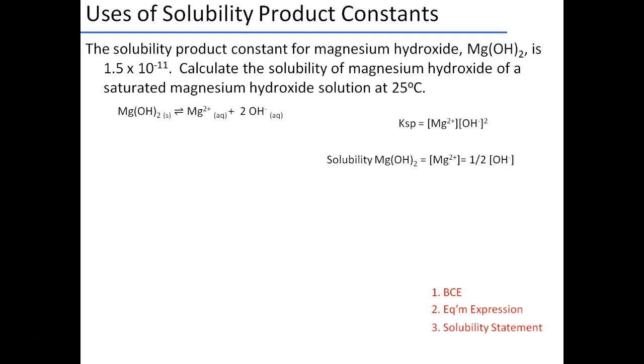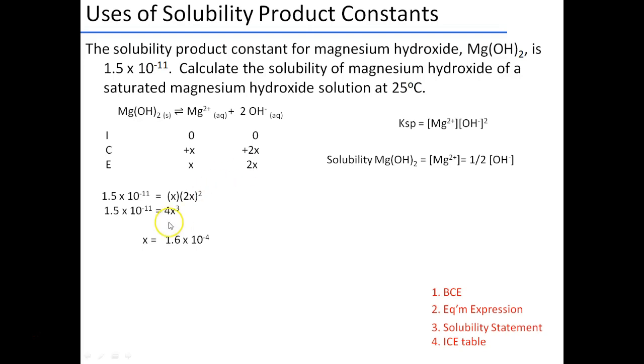And now in this case, because we don't know the solubility and we're trying to determine it, we'll need an ICE table. Prior to any of the salt dissociating, I have none of either of the 2 ions. Once some of it dissociates, for every one of these that dissociates, I'm going to get 1 magnesium and 2 hydroxide. So that I have my equilibrium concentrations.